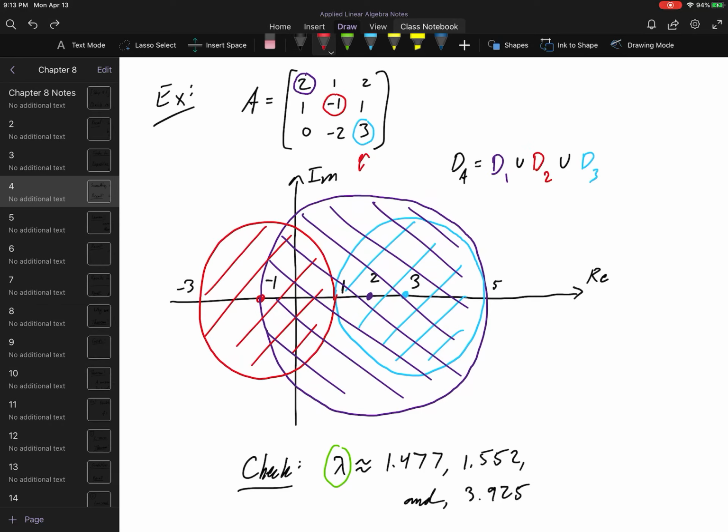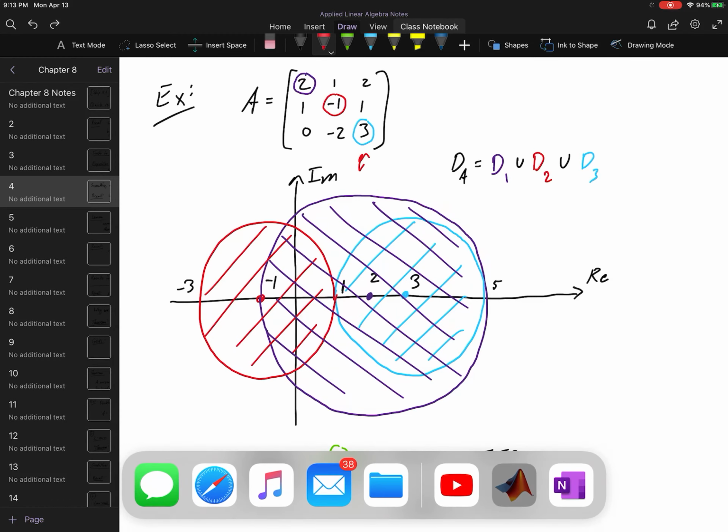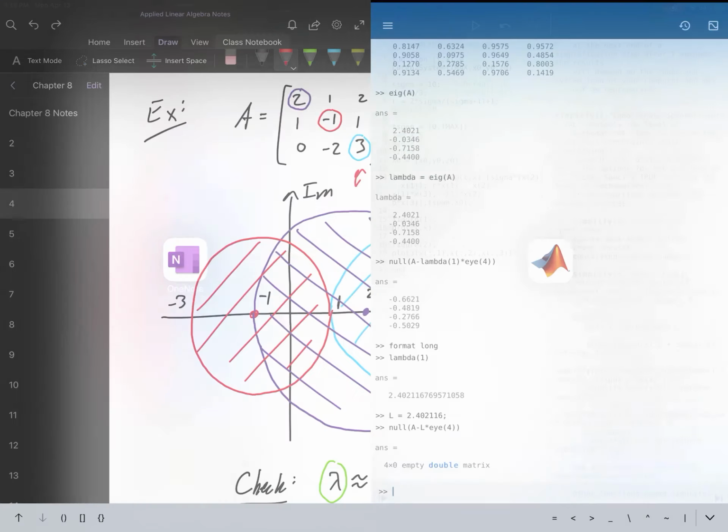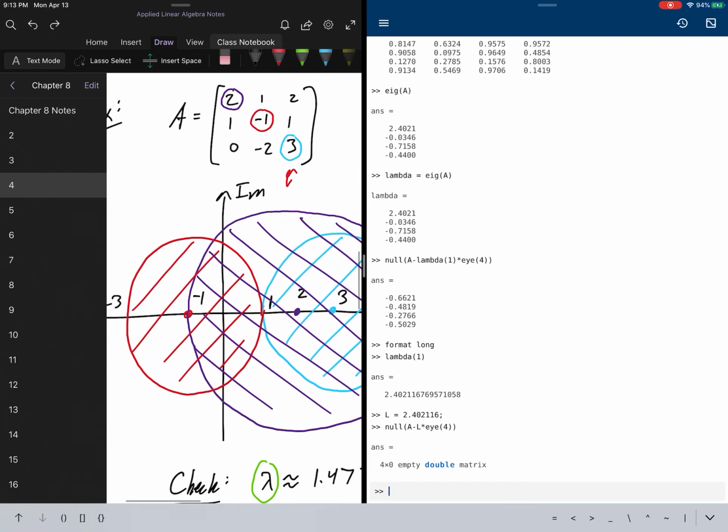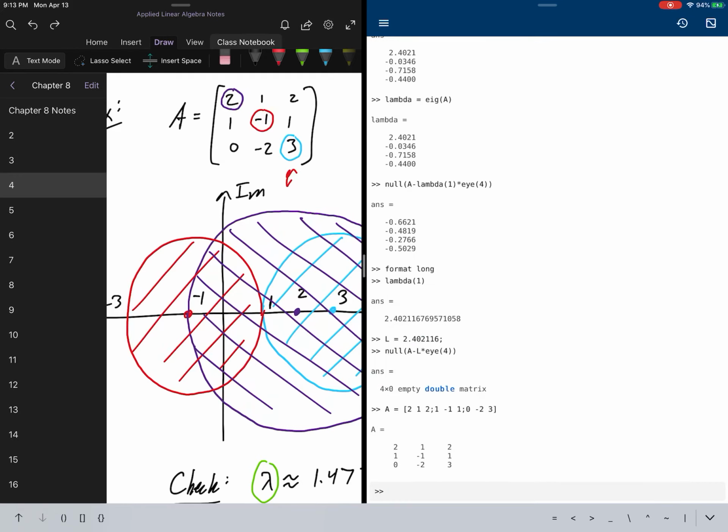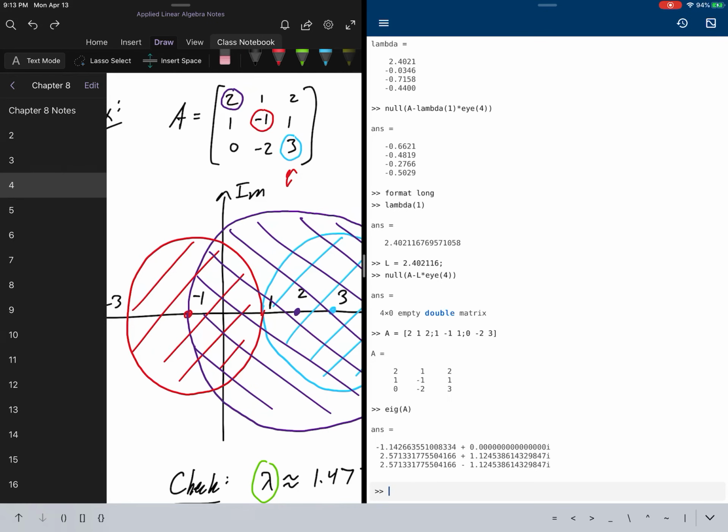We can run some numerics on this. The eigenvalues, let's see, actually, let's go ahead and pull it up. I can do this right over here. So my A is going to be [2, 1, 2; 1, -1, 1; 0, -2, 3].